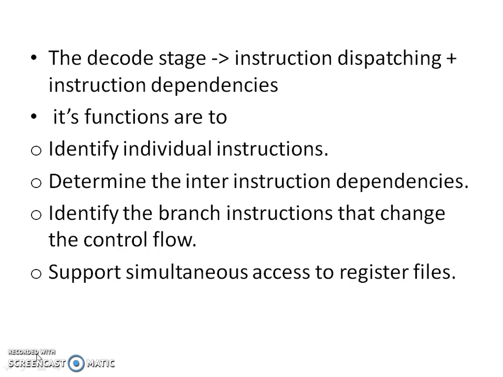Its functions are to identify individual instructions, determine the inter-instruction dependencies once the instructions have been fetched, identify the branch instructions that change the control flow, and support simultaneous access to register files, as the two instructions in the dual-issue pipeline would need to access operands simultaneously. The decode stage of a dual-issue pipeline deals with branch instructions, access operands, and inter-instruction dependencies.